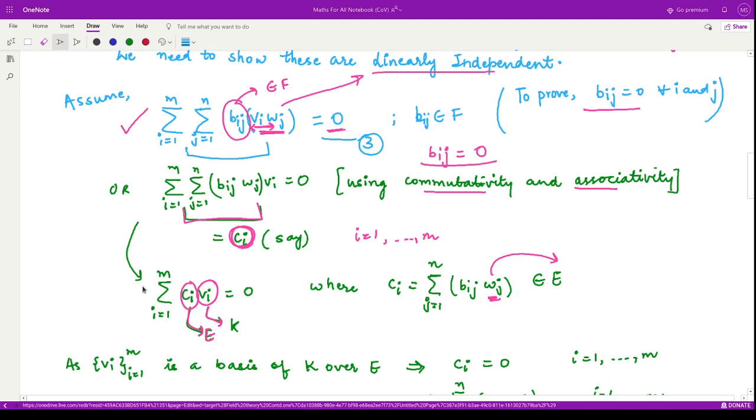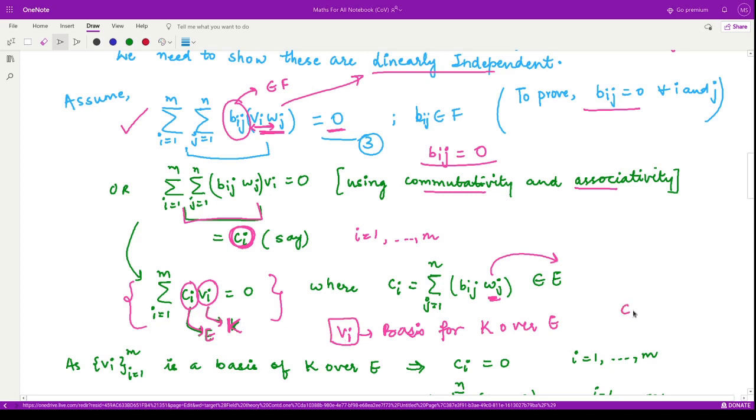So we got a linear combination of vectors v_i, and these v_i's form the basis for K over E, right? And because these form a basis, they should be linearly independent.